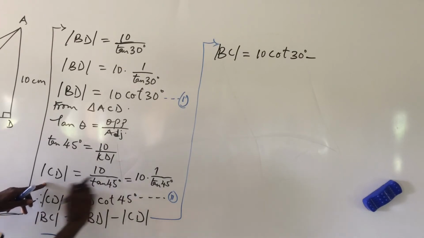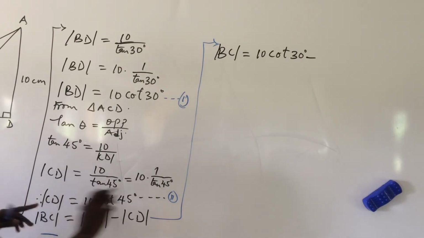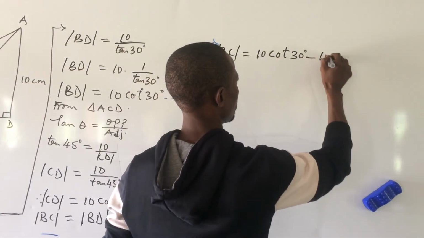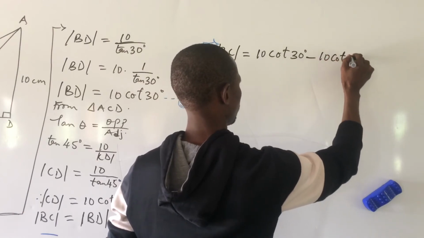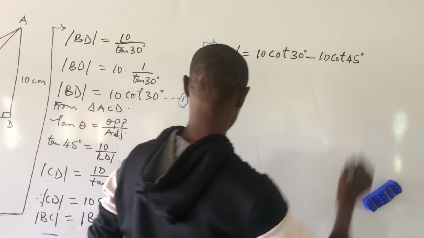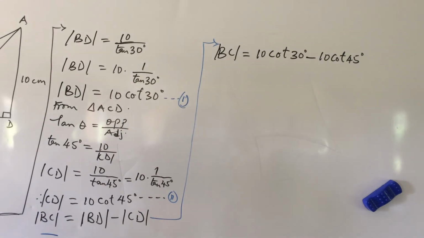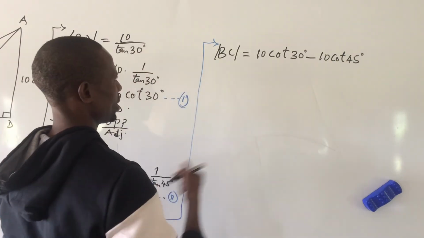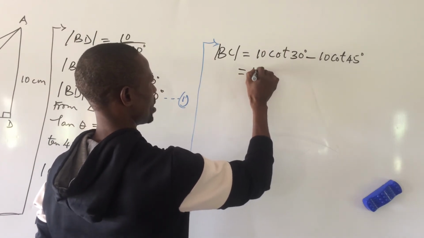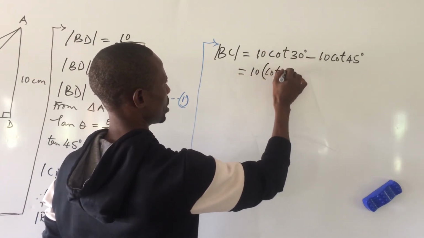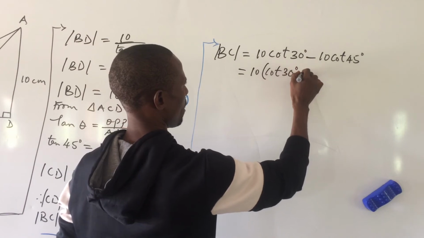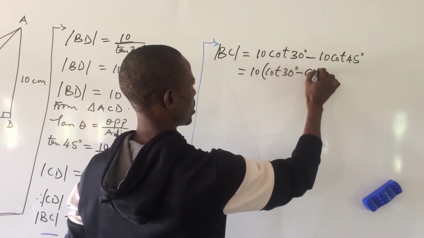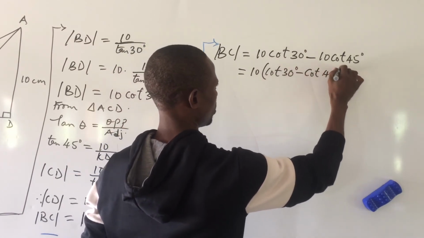We calculated CD already too, equation 2, so we have 10 cot 45 degrees. Very easy. 10 is common here, so we can bring that 10 out to give us 10 bracket cot 30 degrees minus cot 45 degrees.